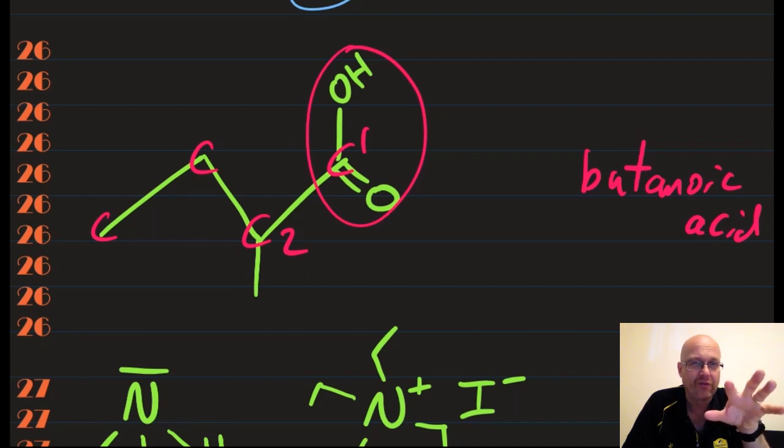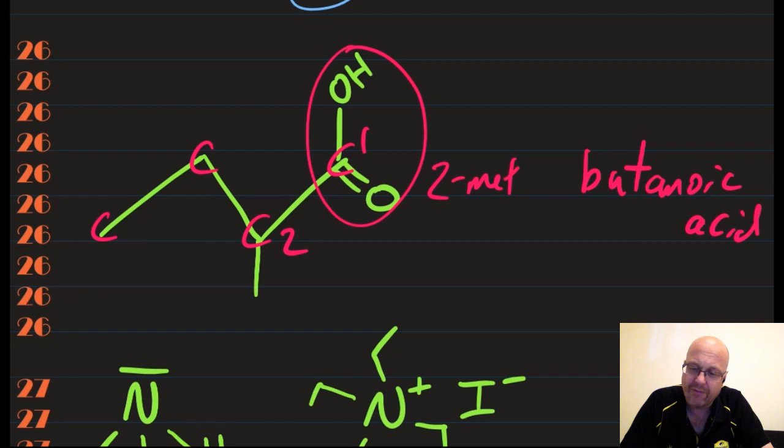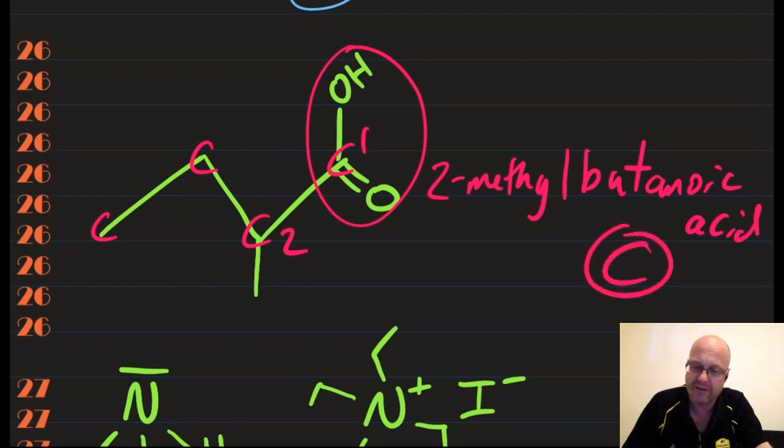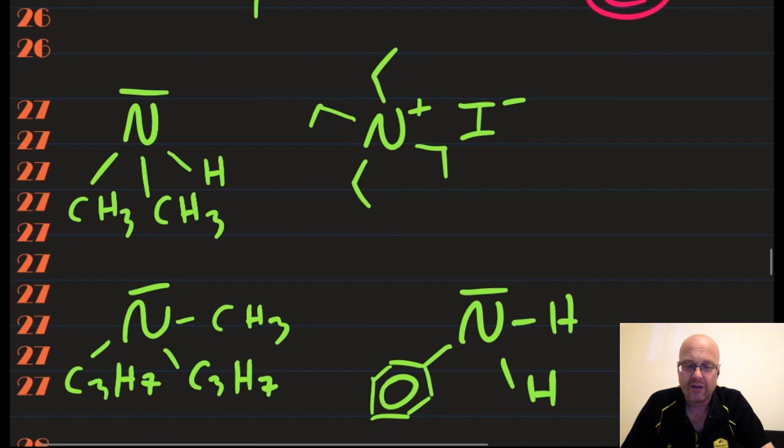Well, that's normally true, but if there's a big functional group stuck at the end, you probably want to start counting from there as well. There are 72 rules, of which we don't go into all of them. But however you count, you're going to get a 2 here, aren't you? 2-methyl butanoic acid. That's C. 26C. Nice.